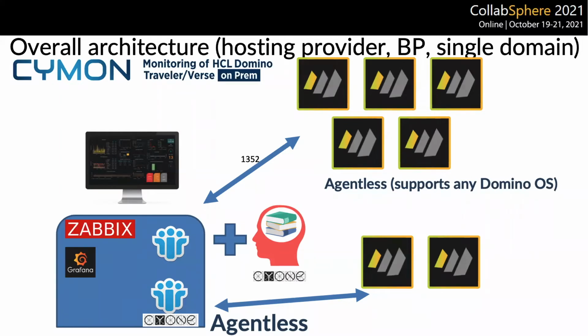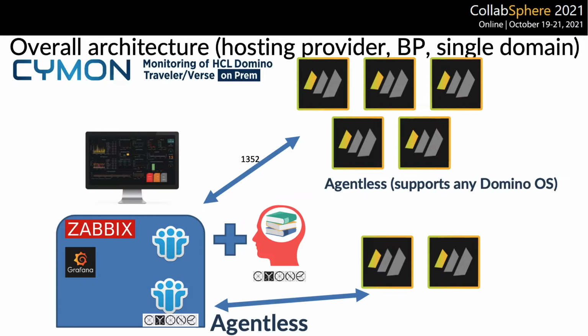It's easier for us to just add another Notes client. So monitoring is like a Notes client for Domino. If you have 1,000 users or 10,000 users, the monitoring will be just plus one user for your infrastructure.